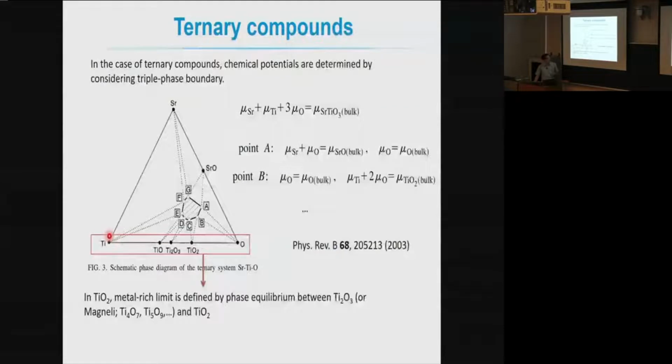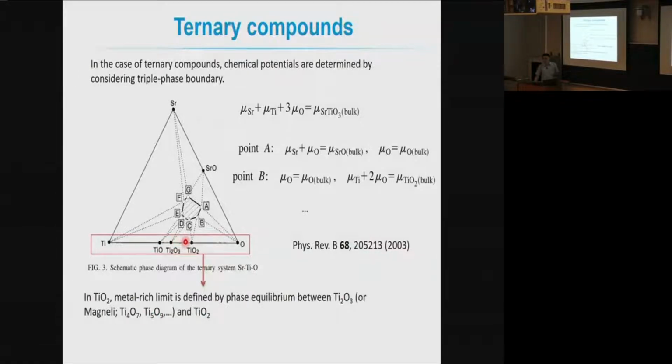So you may think that in TiO2 the metal-rich condition may correspond to the metallic titanium, but this is not the case, because between the Ti and the TiO2, there are several phases of understoichiometric condition, or less stoichiometric than TiO2. For instance, most close here you have Ti2O3, or more closely there are the so-called Magnéli phases Ti4O7 or Ti5O9, which are very close in compositional ratio to TiO2.